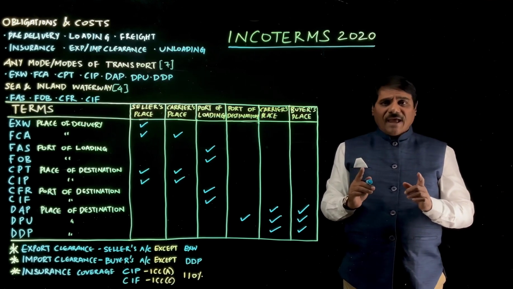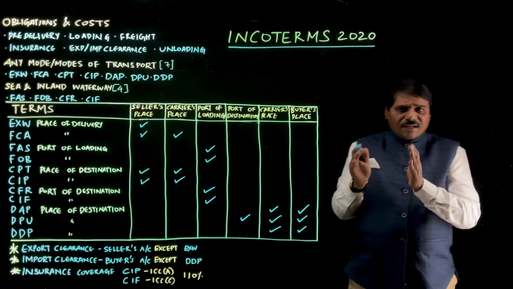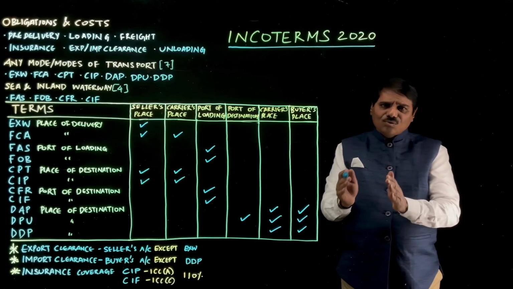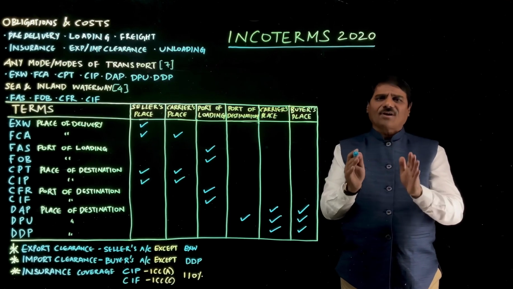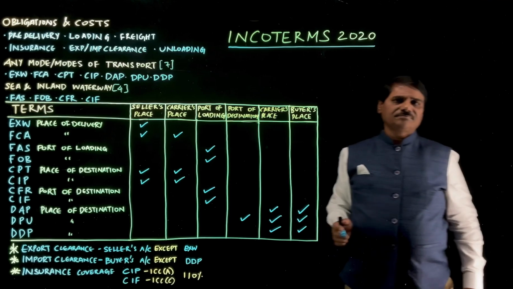But as far as FCA is concerned, the seller's risk passes to the buyer once the goods are kept ready for unloading at the carrier's place.